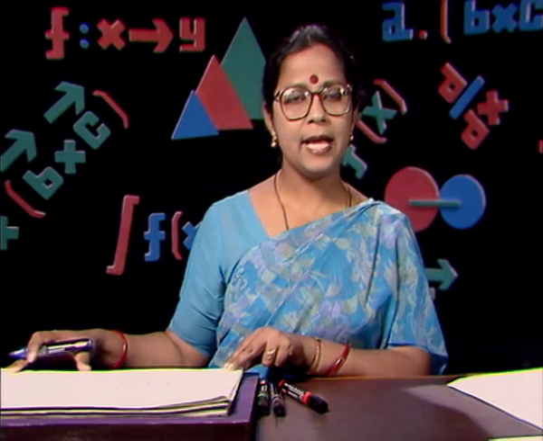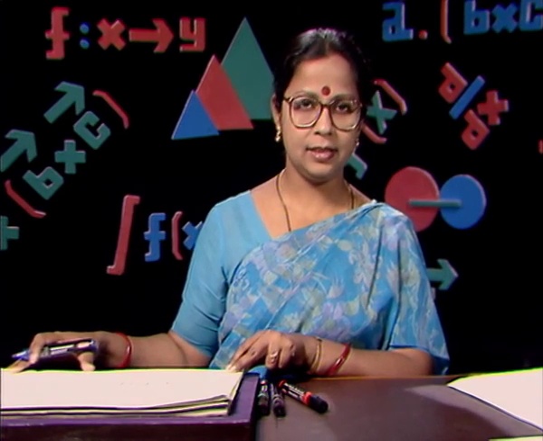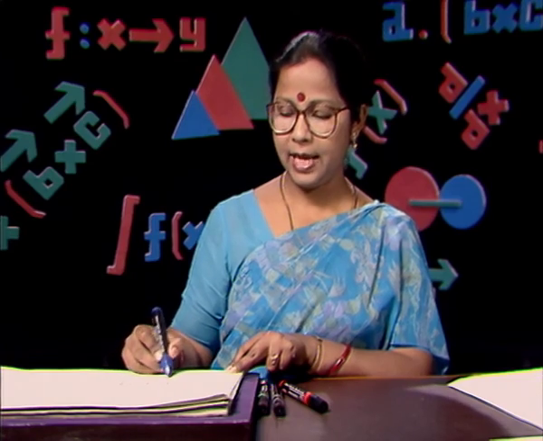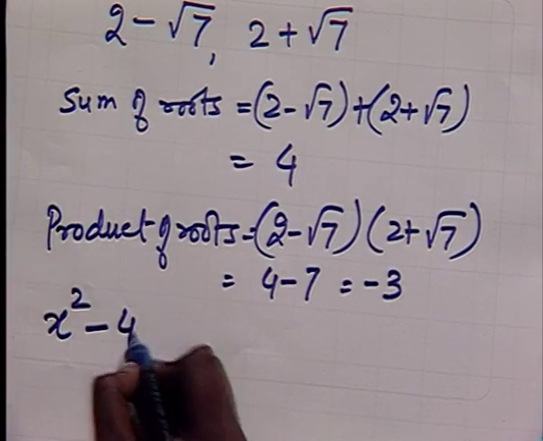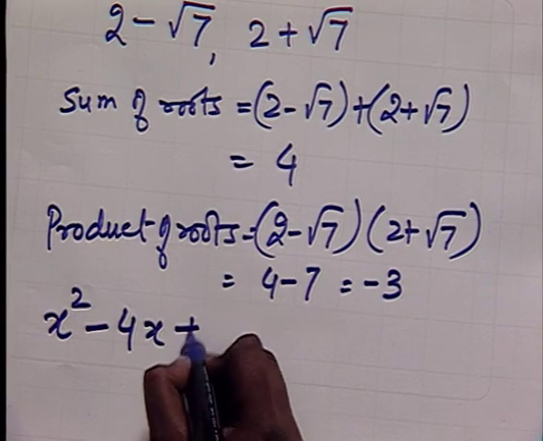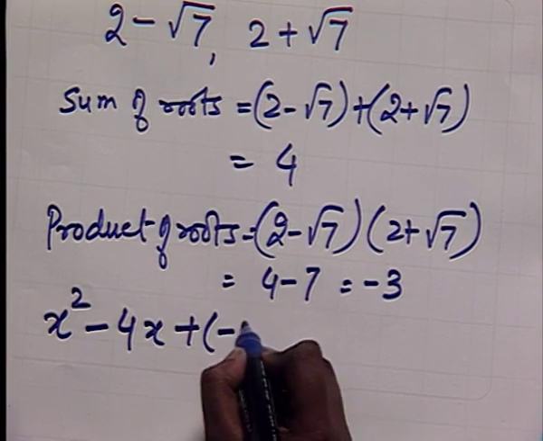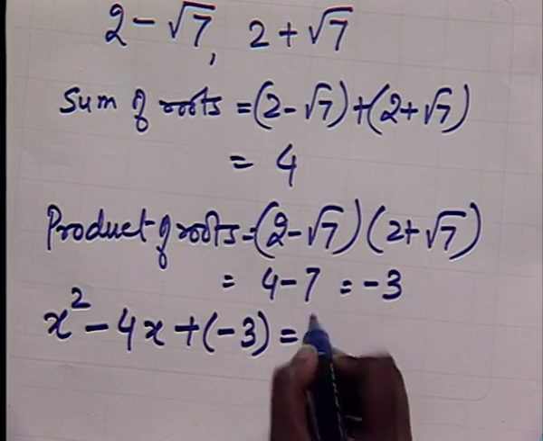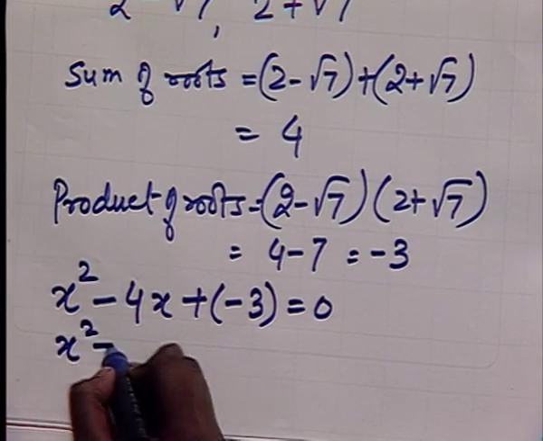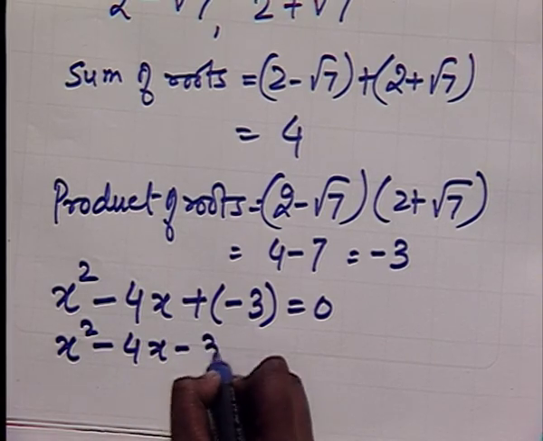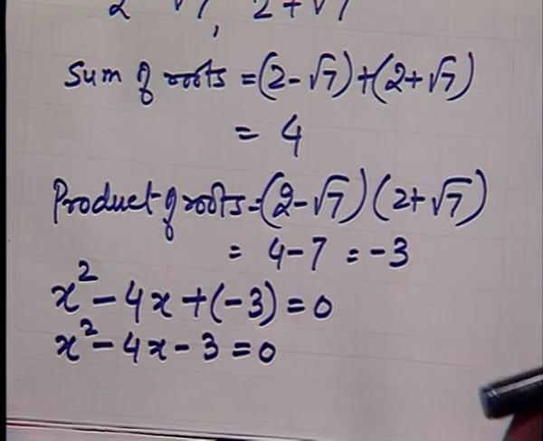And hence, as per our earlier result, the equation will become x square minus sum of the roots, that is 4 into x, plus product of the roots, that is minus 3 equal to 0, or we can further write it as x square minus 4x minus 3 equal to 0.